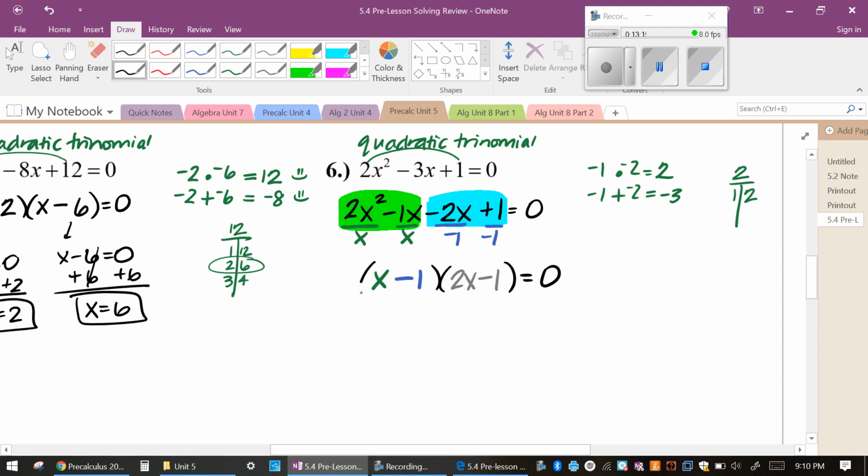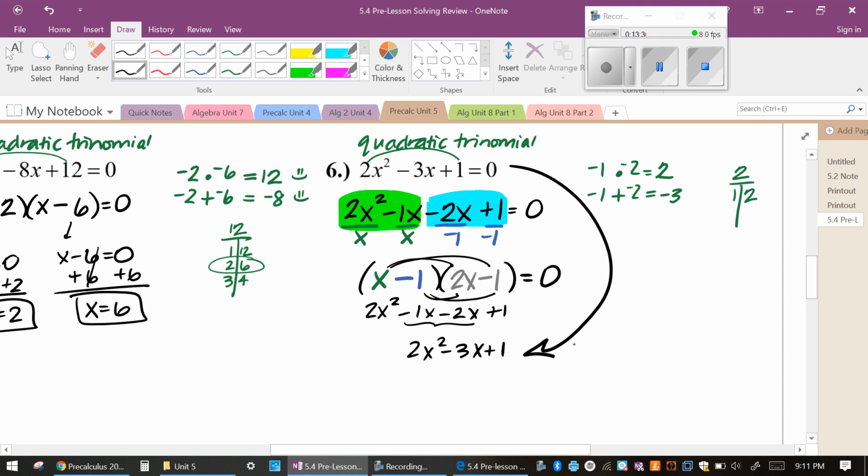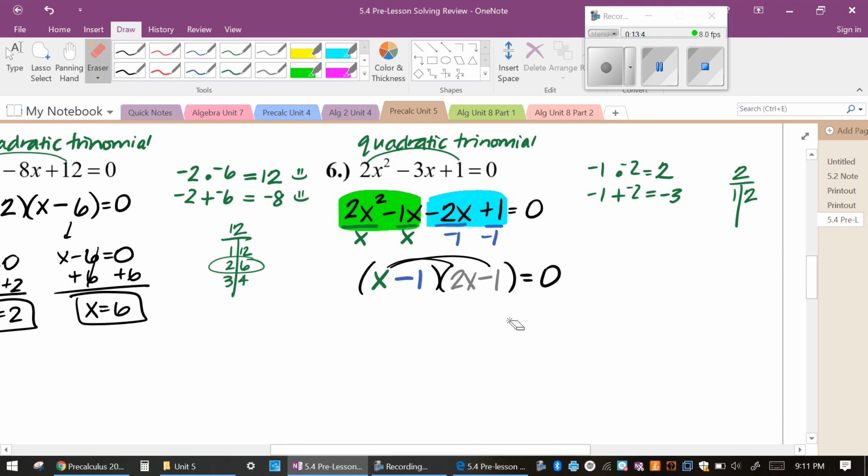If I were to multiply this out, don't actually write this, but if I were to multiply these out and combine like terms, I'd get the original trinomial that I started with, which is good, because that means that I did not change the value. Okay. So the factored form for this trinomial is x minus 1 and 2x minus 1.